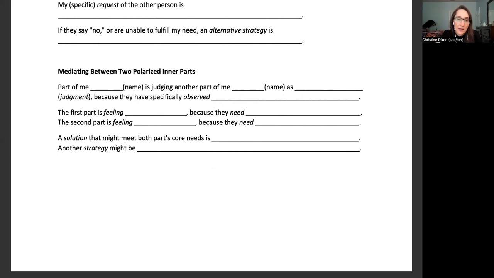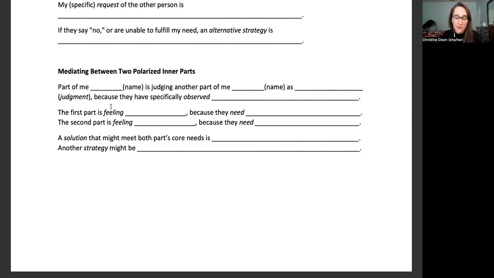Part of me, and if you name your parts, you can name them, or you can just give it a descriptor to help you understand what kind of part that is, but part of me is judging another part of me as, and then give the judgment, because they have specifically observed something.